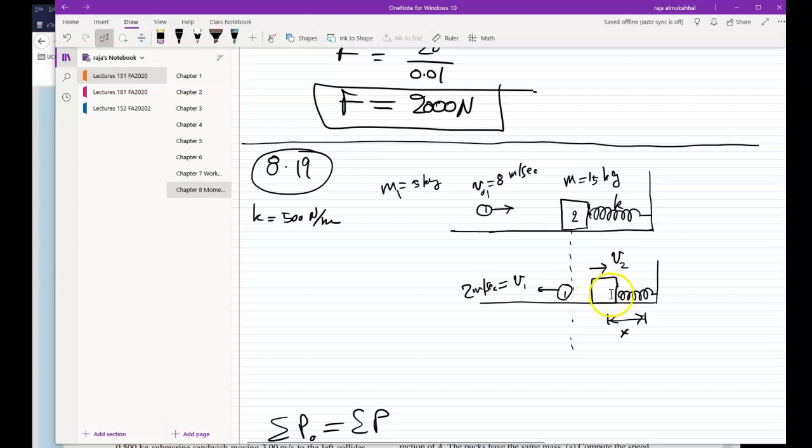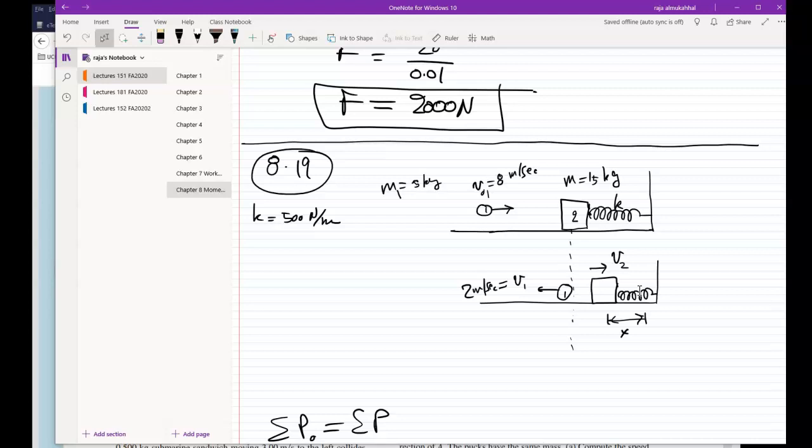It moves to the right and eventually stops, which means all that kinetic energy has been converted into compression energy to compress the spring. In other words, this kinetic energy has been converted into stored energy.